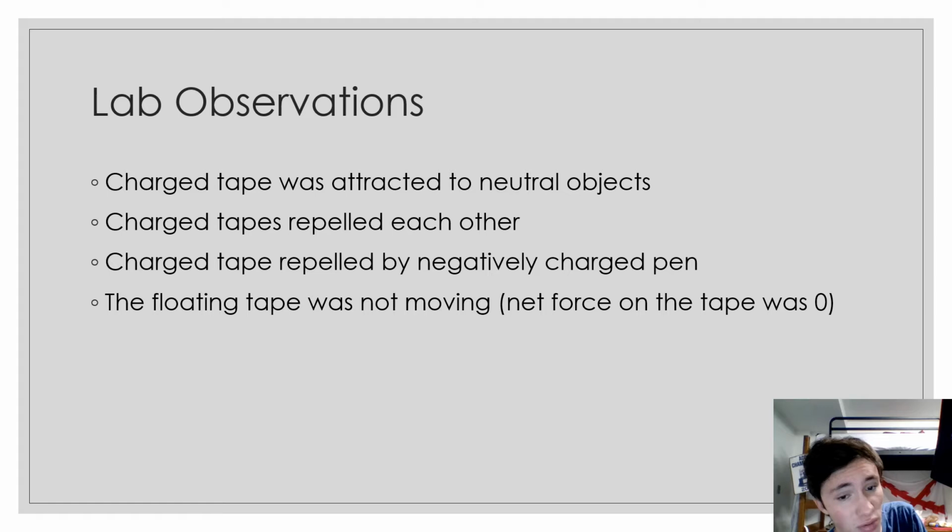Charged tapes also were repelled by a negatively charged pen. This indicated that the charged tapes were negatively charged, as like charges repel, and we knew that the pen was negatively charged. Also, the floating tape was not moving while it was floating, which is important because that indicated that that piece of tape was at equilibrium, which meant the net force acting on the tape equaled zero.